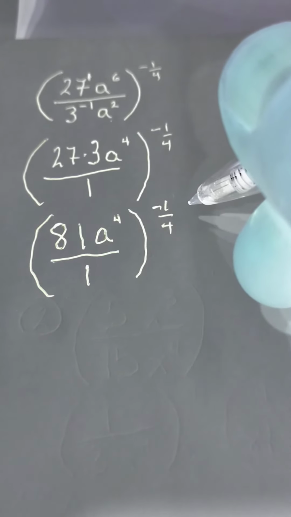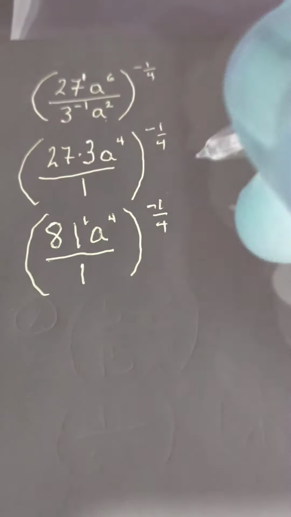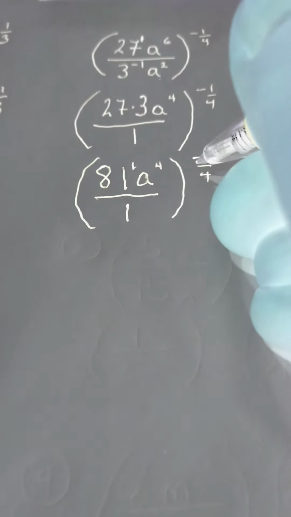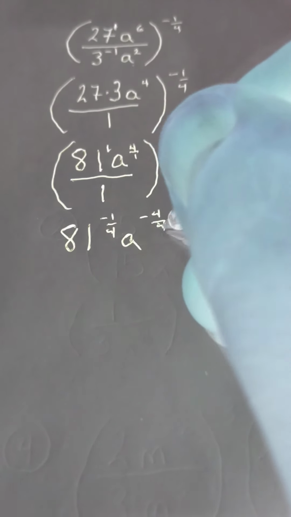Now there's a problem. Well, actually, before we confront the problem, let's go ahead and use the power rule. So we're going to multiply these all by negative 1/4. Now we've got a to the, remember that's 4 over 1, so we've got a to the negative 4 over 4. And that's all over 1.